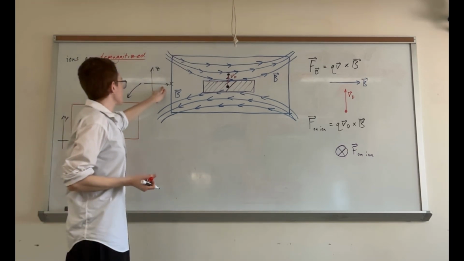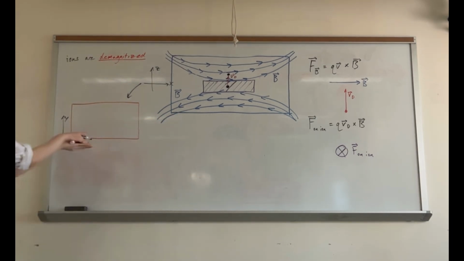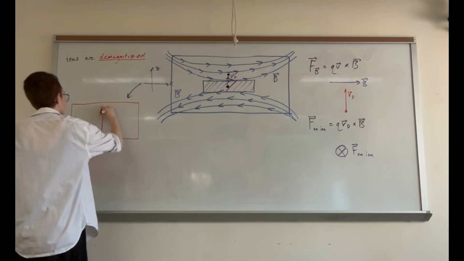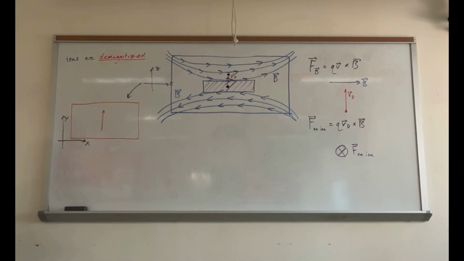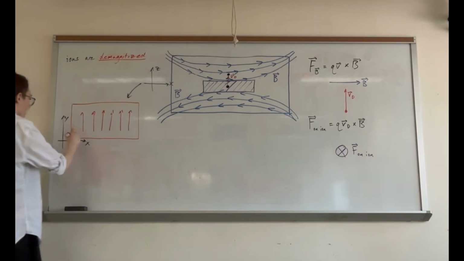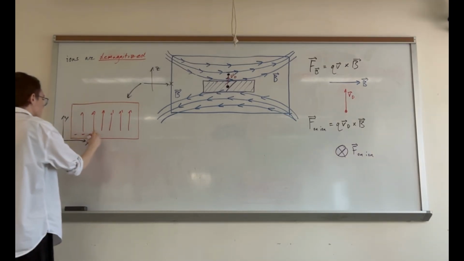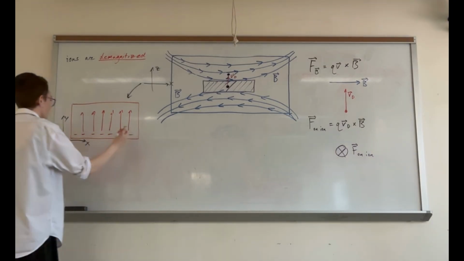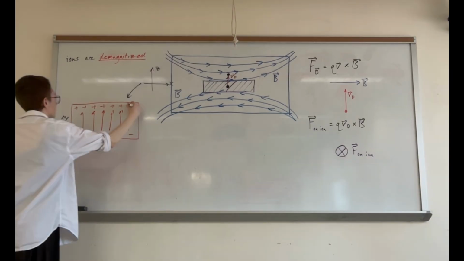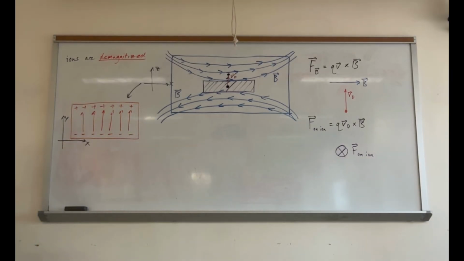If this is the XZ plane, we're rotating this way, and now we're looking at the XY plane. Ions are accelerated in this direction. And so you can imagine if we have a bunch of ions and electrons, on average, they're going to be separated like this, with all the negative charges at the bottom and the positive charges at the top.